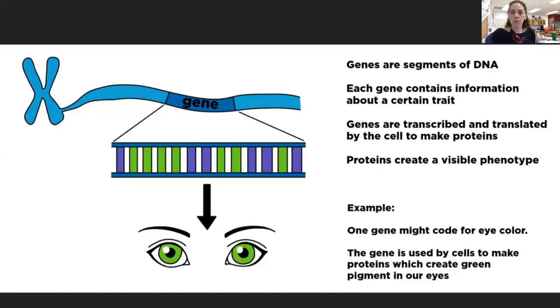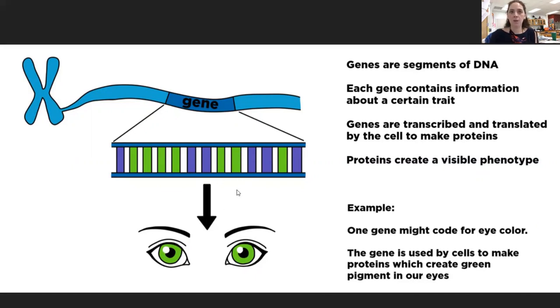Each gene codes for one of those polypeptides that are then folded together to make the hemoglobin protein. Someone who has sickle cell trait or sickle cell disease has a problem with their hemoglobin protein.